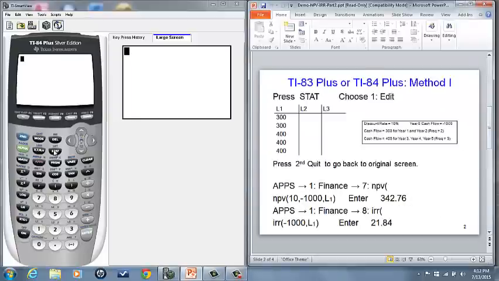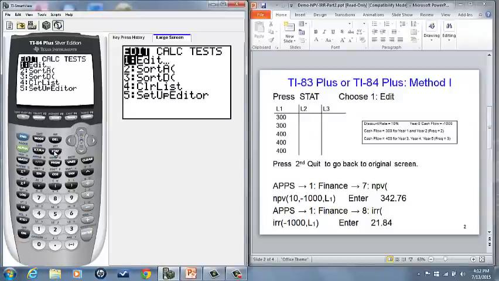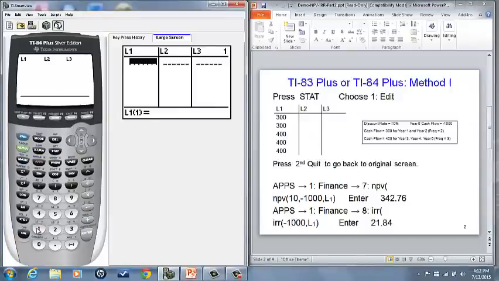So we press STAT and then choose number 1, Edit, and then we input the year 1 through year 5 cash flows in the L1 list. Year 1 cash flow 300, enter.